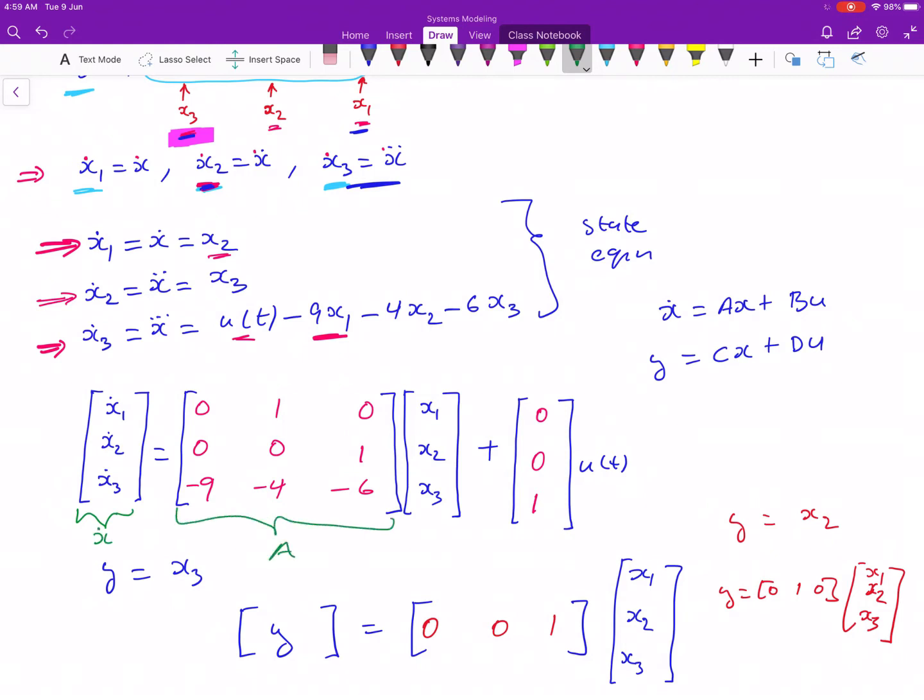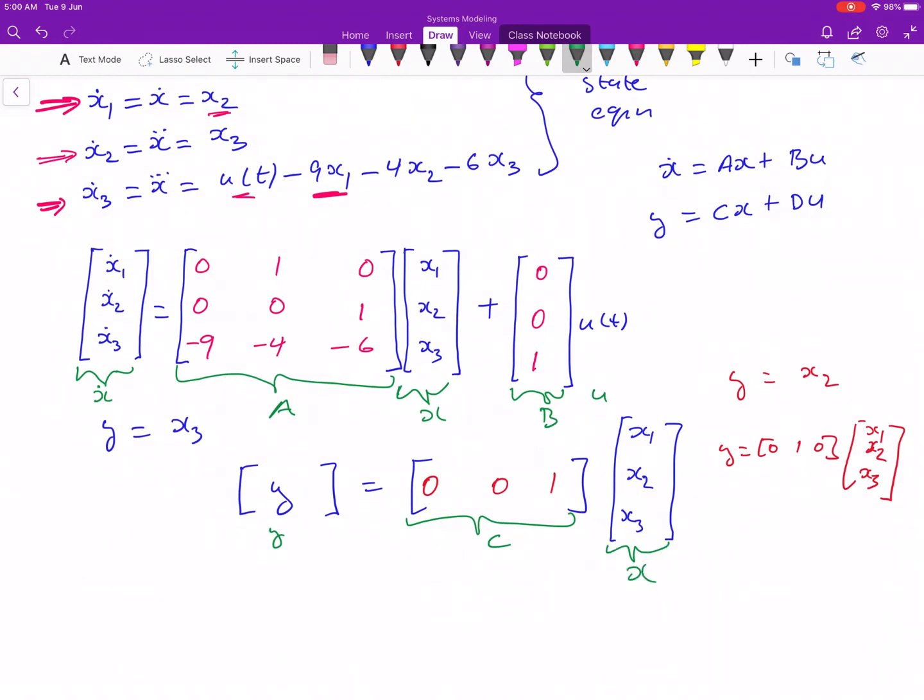This is our A matrix. This is x plus B and u there. This is our y. This is our C matrix, and this is our state variable, and plus the du. Normally we assume du is equal to 0 because the du is a feed forward.